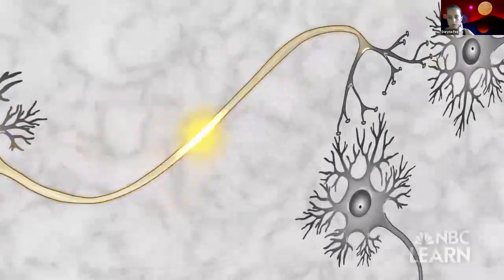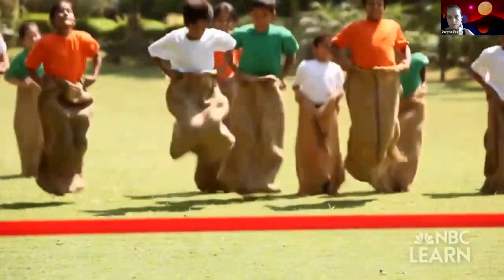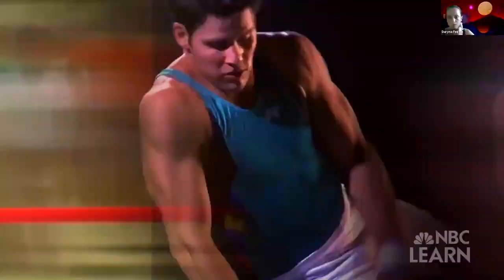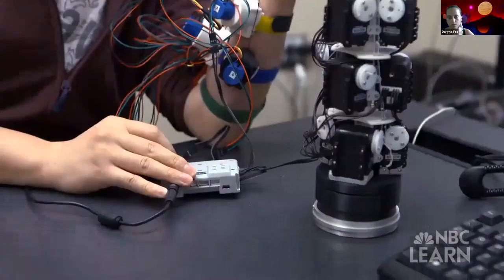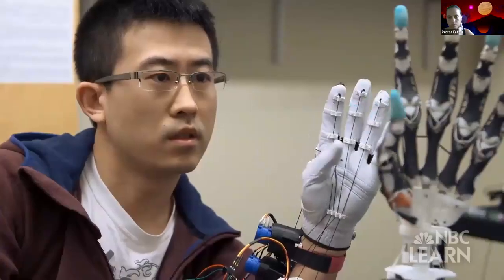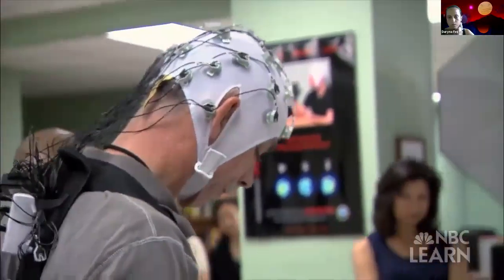They communicate information to and from the brain and the rest of the nervous system using chemical and electrical signals. And so they're sending electrical pulses to each other and eventually to the muscles that control our body. Much like how the brain controls muscles, researchers can use new technologies to tap into these signals to control machines.